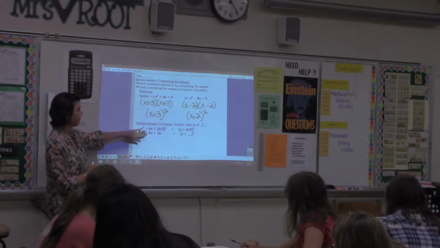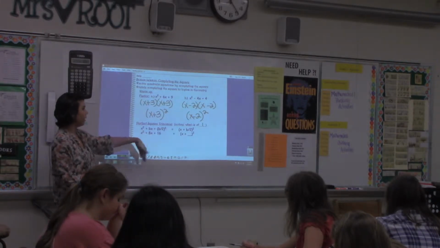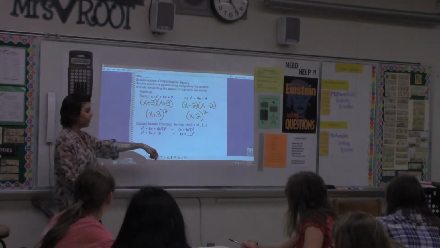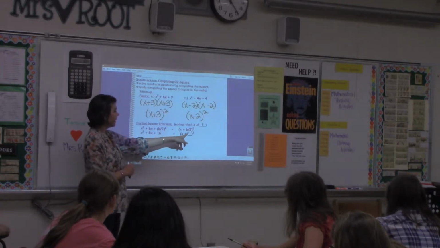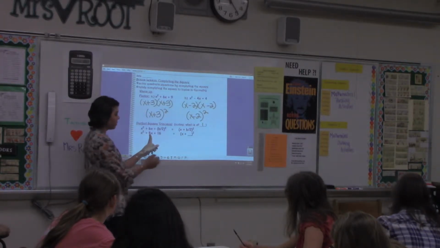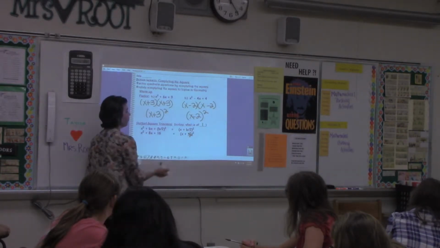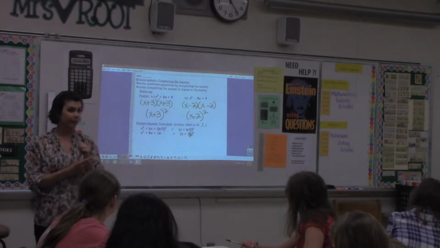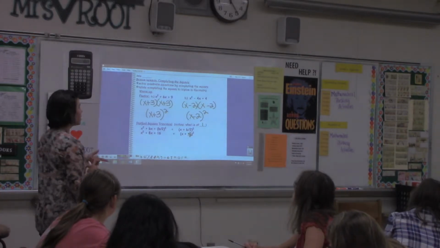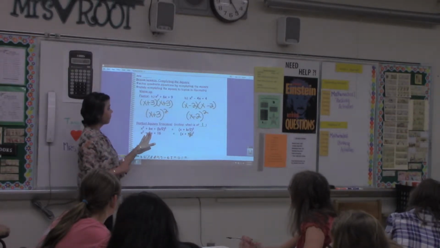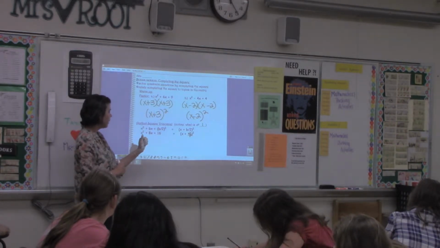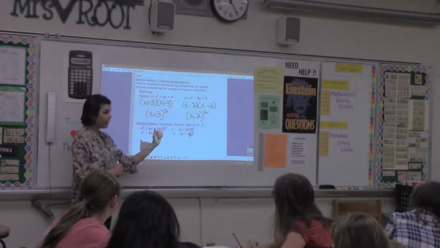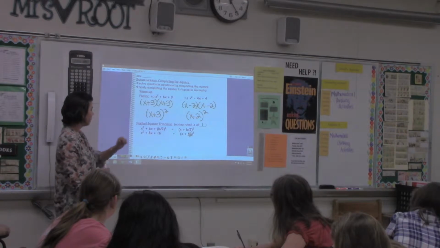So what is half of 8? 4. And then if we square that, we get 16. So we know a perfect square trinomial is going to be this b divided by 2. So 8 divided by 2 gives us that 4 that we're going to put in that blank there. Okay, so to complete the square, the process is you have the coefficient b, and then you're going to square half of that to get your c value.